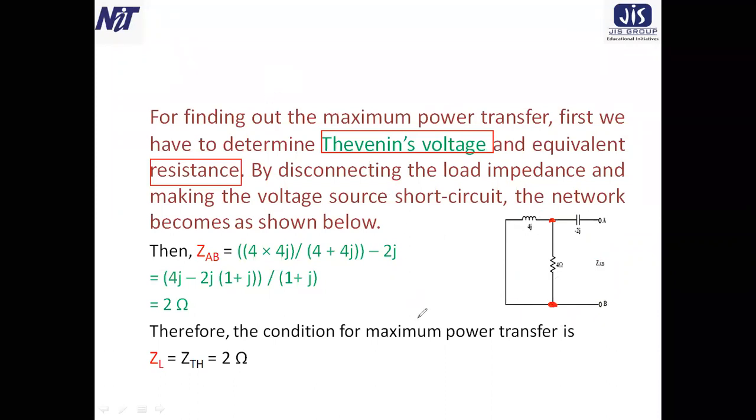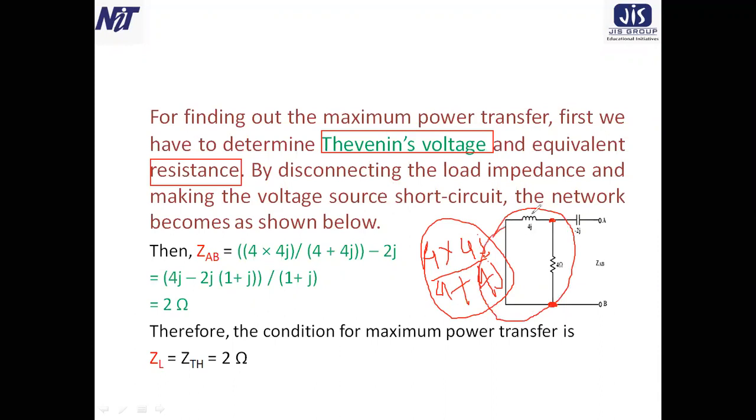For parallel connection, you know the method: 4 into 4j divided by 4 plus 4j. This is the equivalent impedance across the 4j and 4 resistance.